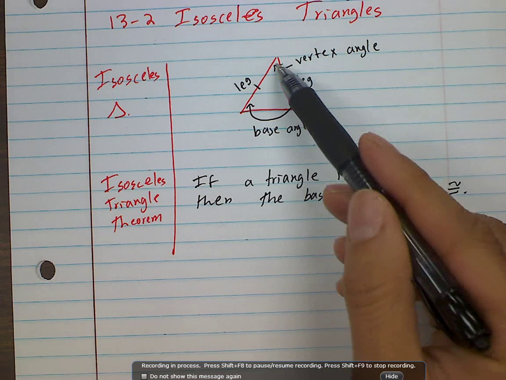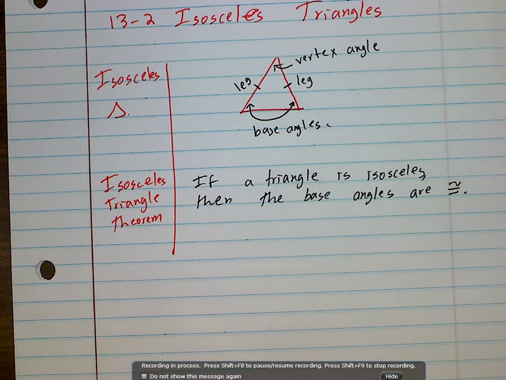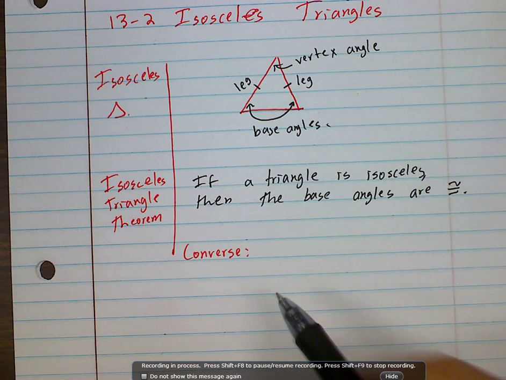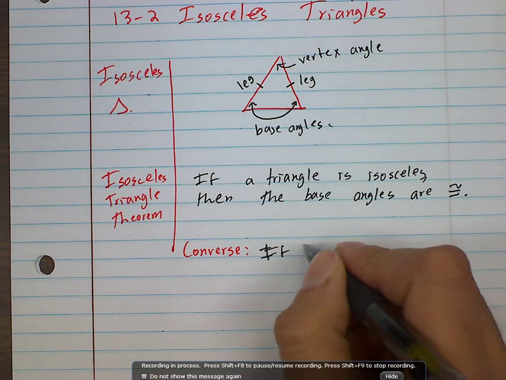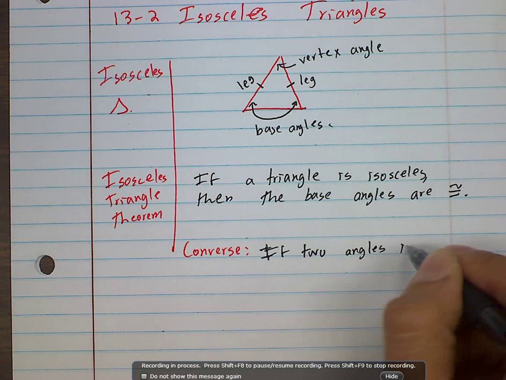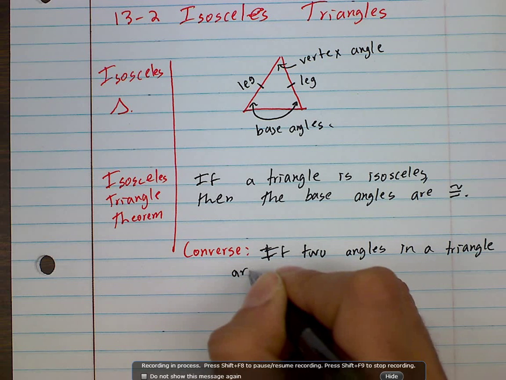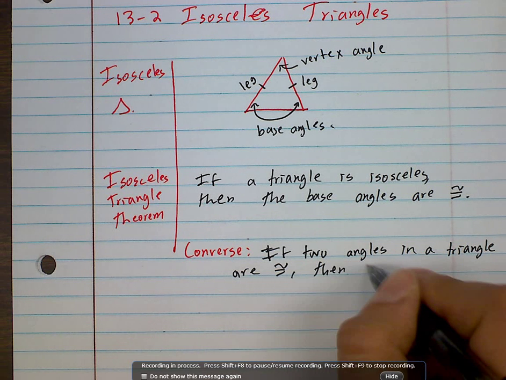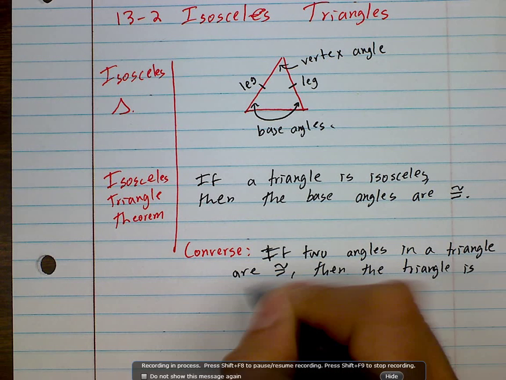This triangle is isosceles, therefore these two angles are congruent. That's all it says. There's also a converse to that theorem, and the converse says that if two angles in a triangle are congruent, then the triangle is isosceles.